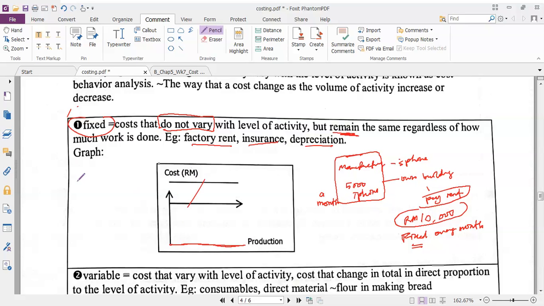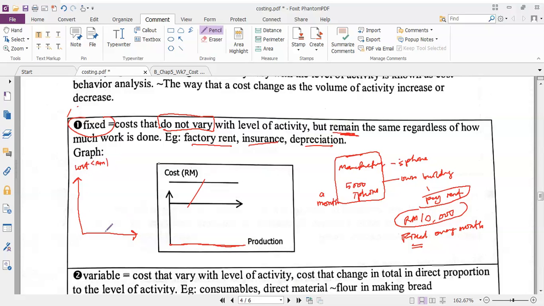Ini salah sikit ni. Okay, you kena buat macam ni. The fixed cost, based on their behavior, we can show it in the graph. The first graph is for cost. The y-axis is for cost.